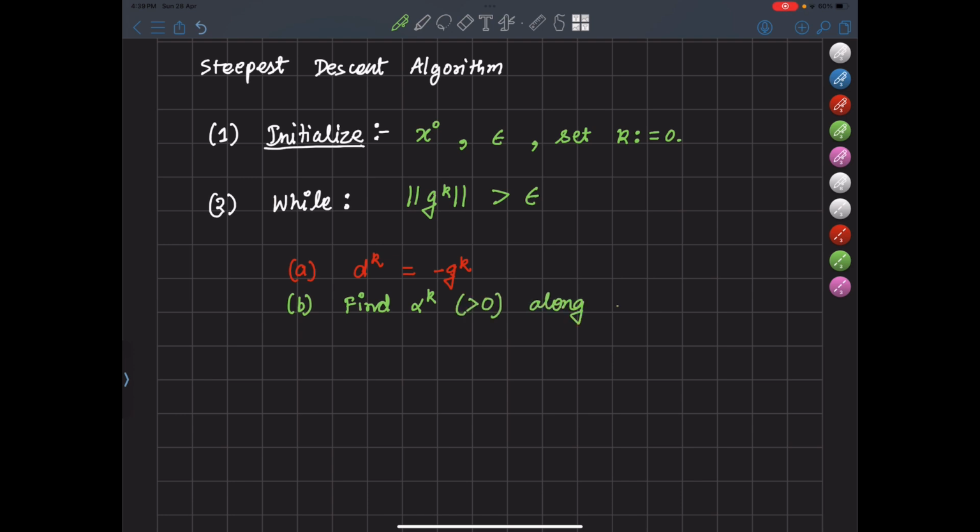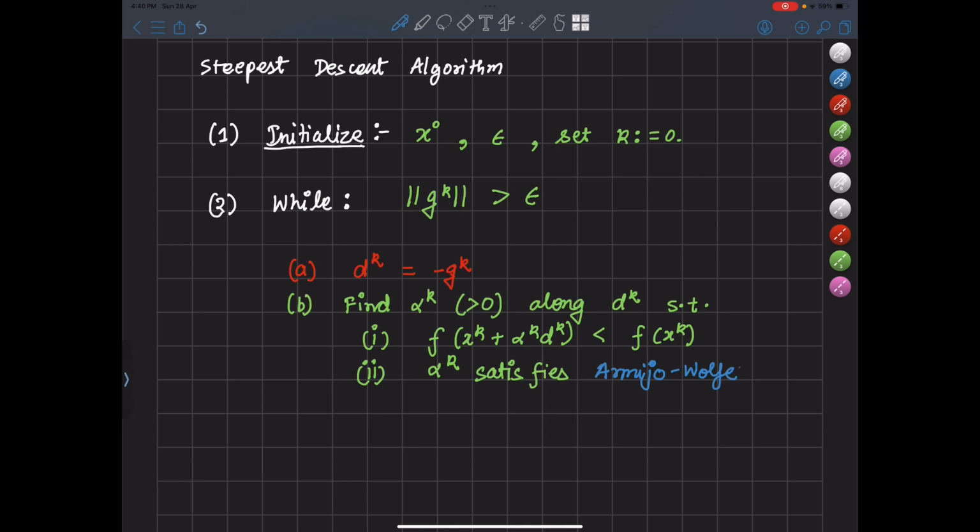So find alpha k greater than zero along dk, such that first, the function value should reduce, should be less than f(xk). And second, the Armijo and Wolfe conditions should be satisfied, or Armijo and Goldstein. Alpha k satisfies the Armijo and Wolfe conditions.